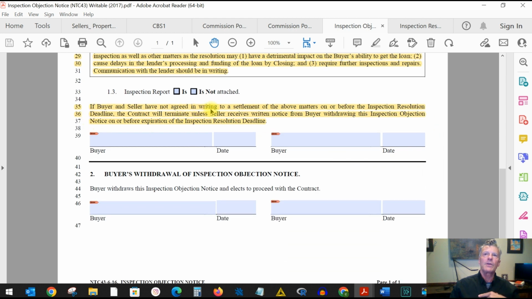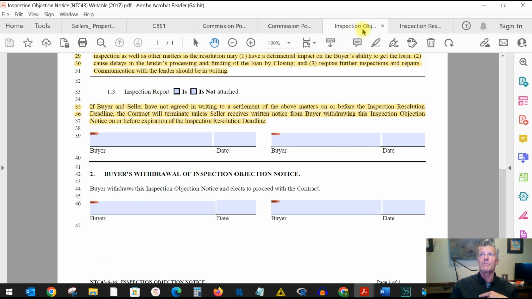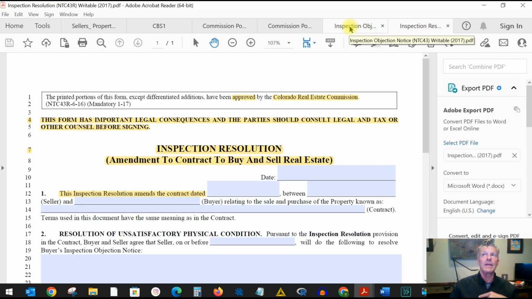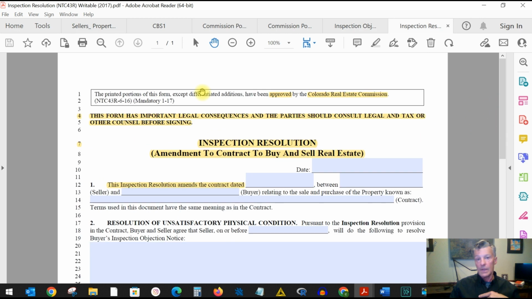If buyer and seller have not agreed in writing to a settlement on the above matters on or before the inspection resolution deadline, the contract will terminate, unless you send something to the seller that says, you know what, never mind, I withdraw all my requests. And if you can't reach a resolution, this is going to expire automatically. Make sense?